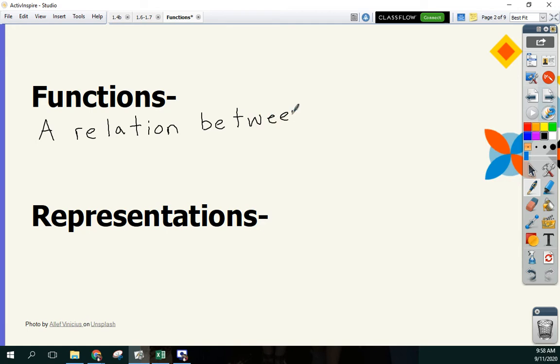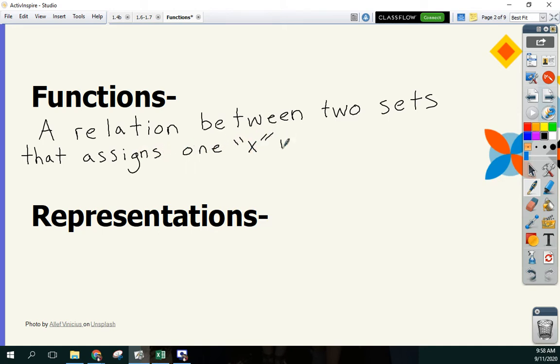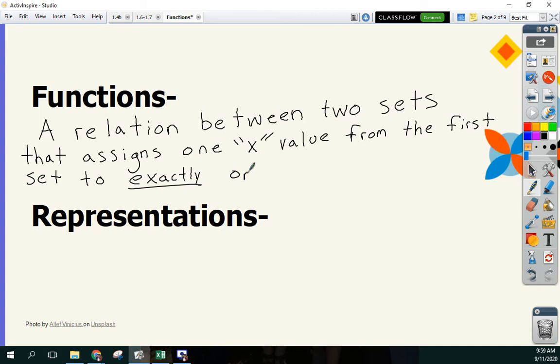between two sets that assigns one x value from the first set to exactly one y value in the second set.